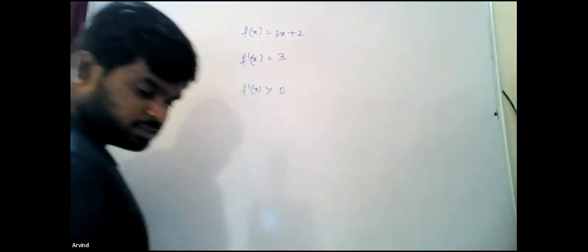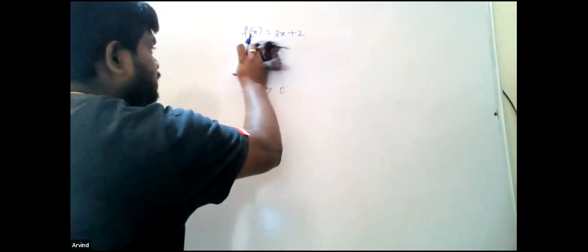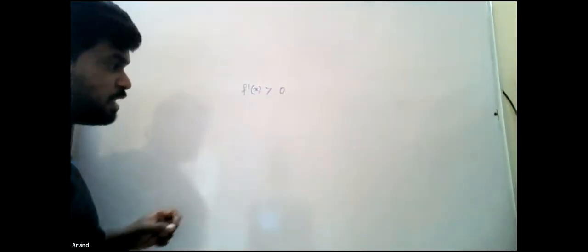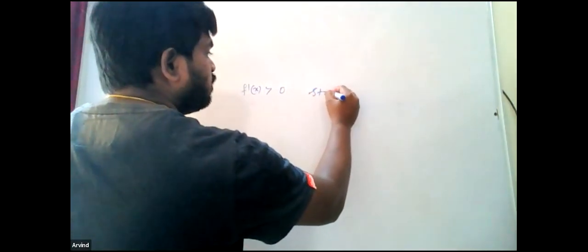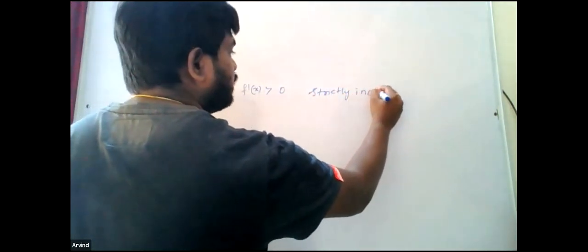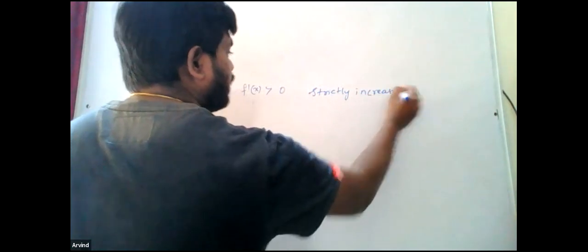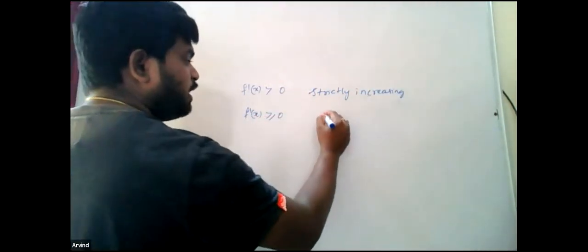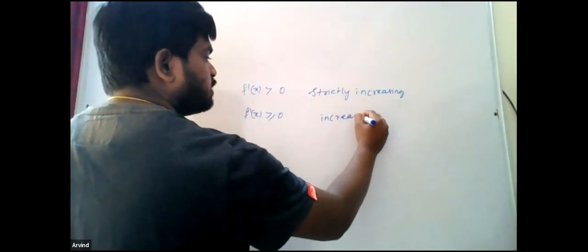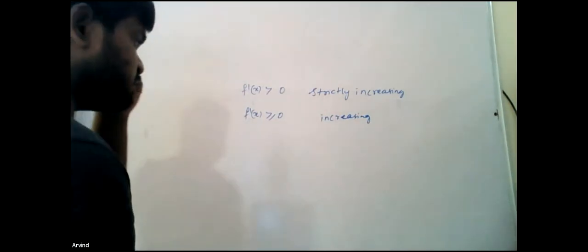If f dash of x is greater than 0, then it is an increasing function. If f dash of x is greater than 0, we call it strictly increasing. If f dash of x is greater than or equal to 0, it is monotonically increasing, or simply increasing, or in other words you can also call it non decreasing.